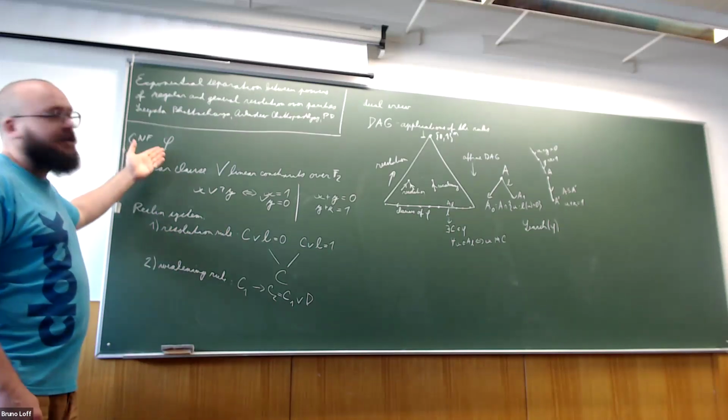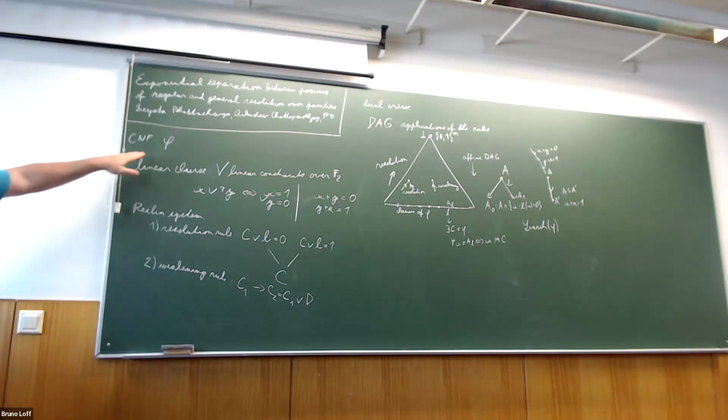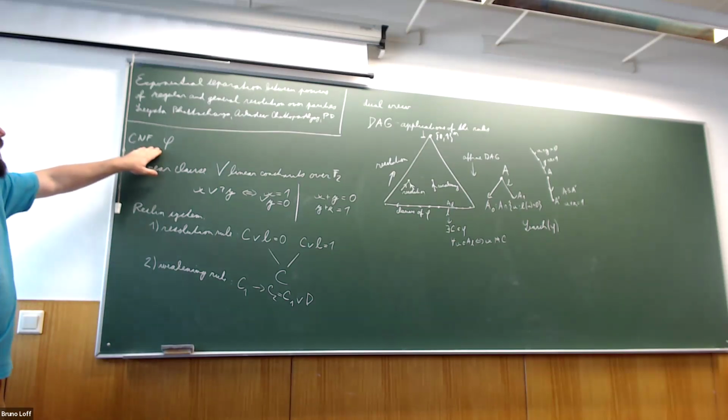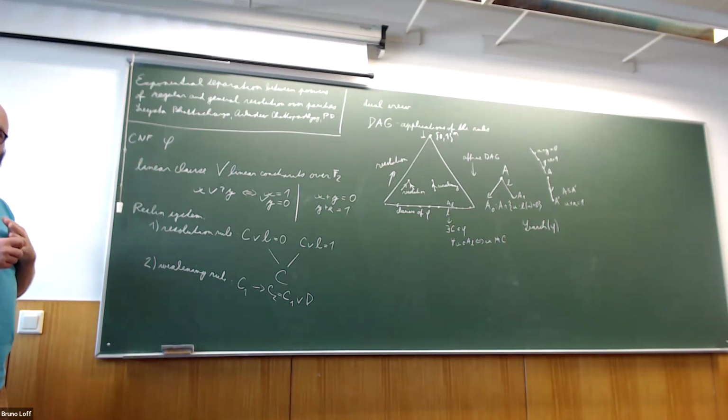Okay, can I recap for my sanity? In the proof complexity view, you have a CNF phi, which is a collection of clauses. Each clause is a disjunction of linear equations. So this CNF is a conjunction of disjunctions of linear equations.